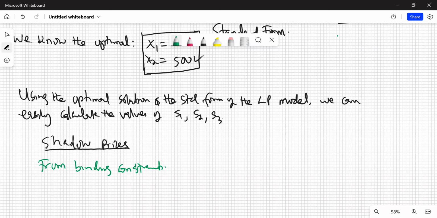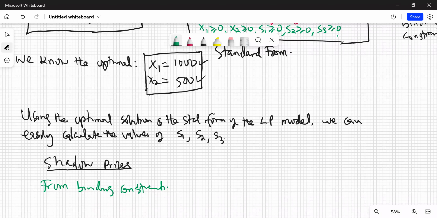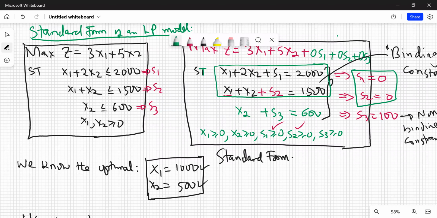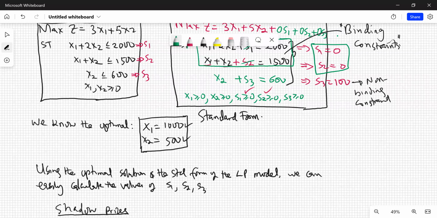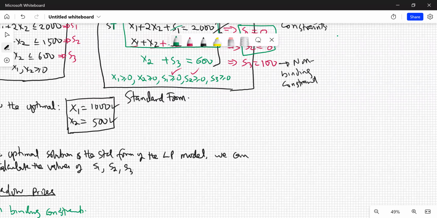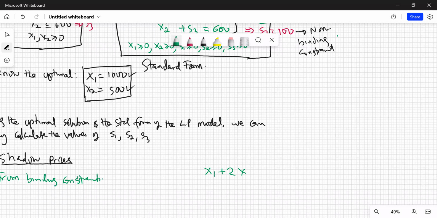In our case, you write those binding constraints in the form of equations. Of course, now we have said that this is 0 and this is 0. So we'll end up with x1 plus 2x2 is equal to 2000.